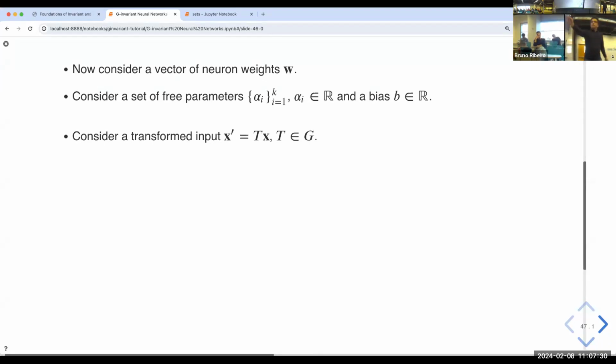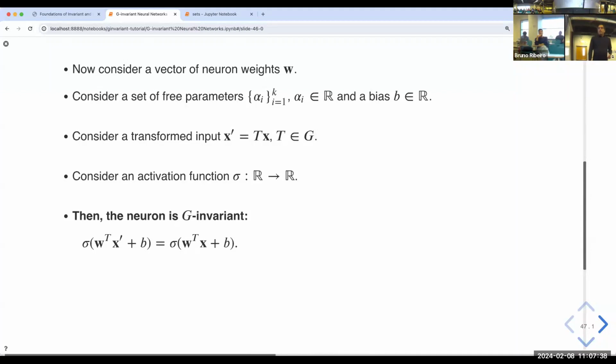Let's consider the transformed input: we take X, rotate it, and get X prime. We have an activation function, sigma. Now if this W is formed by these parameters weighting the eigenvectors, it is invariant to a transformation because it lives in the invariant subspace of T bar.